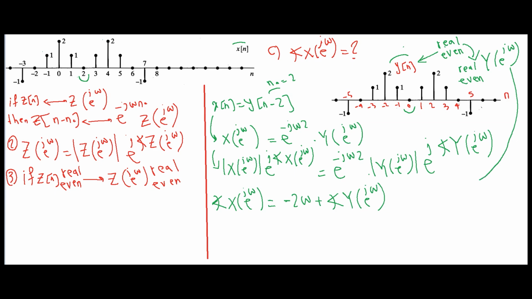Since the Fourier transform is real, its phase is 0. Therefore, the phase of Y(e to the power j omega) is 0. And the phase of X(e to the power j omega) becomes minus 2 omega.